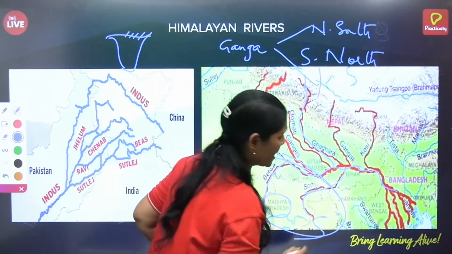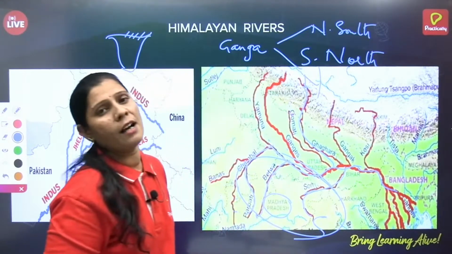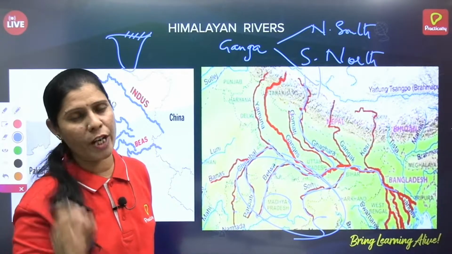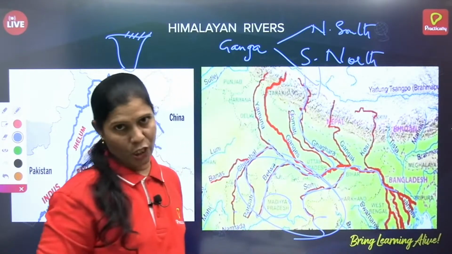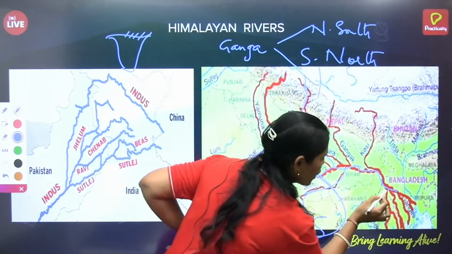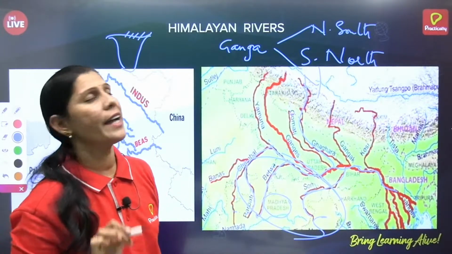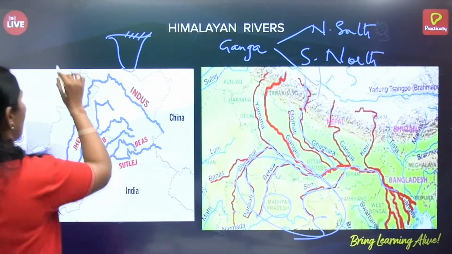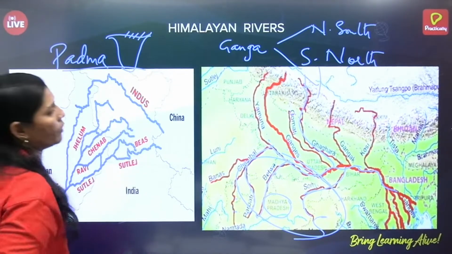As it moves on its journey, the main stream of Ganga enters into Bangladesh. In Bangladesh, the river Ganga is called Padma.